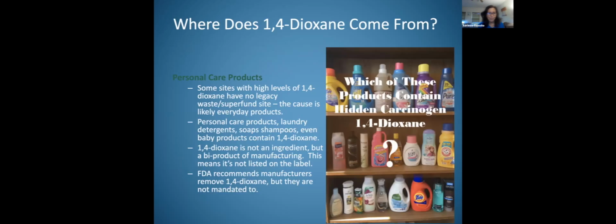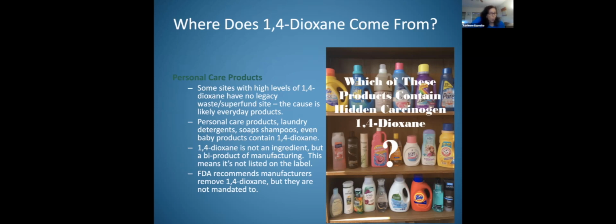Okay. There we go. So we started to research, and many of you know that 1,4-dioxane is also in products. There's been, before we got involved, very, very limited testing on how much 1,4-dioxane is actually in products. When I say products, I mean personal care products, your shampoos, your laundry soaps, your bath gel, baby bath products, you name it.